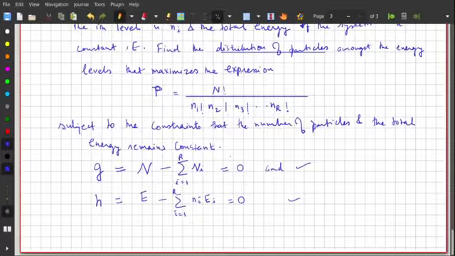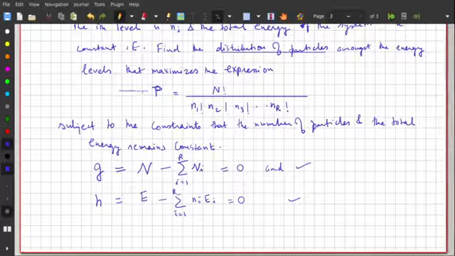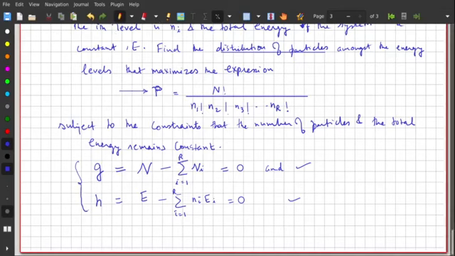So we got our optimization problem. We have to maximize this expression P subject to these two constraints. Here you see where we will be able to apply the method of Lagrange multipliers to find the most probable distribution. If you want to maximize P, we basically want to minimize the denominator.